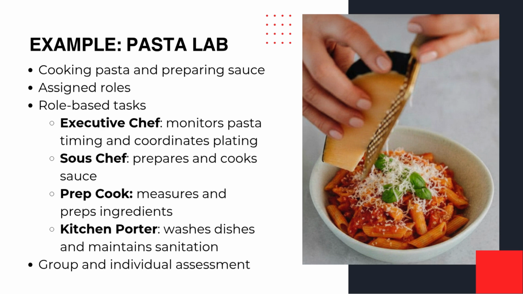The sous chef prepares and cooks the sauce. The prep cook measures and preps the ingredients that are needed, such as grating the cheese. And the kitchen porter washes the dishes and maintains sanitation. The students will be assessed on their individual performance, but also on the execution and plating of the pasta dish. So that's a group performance.